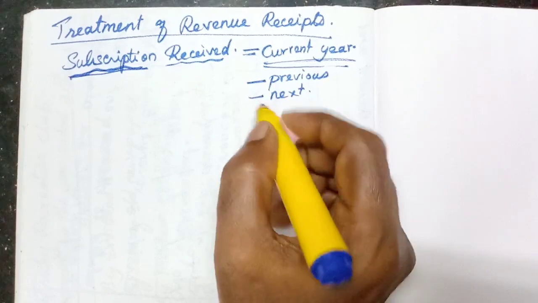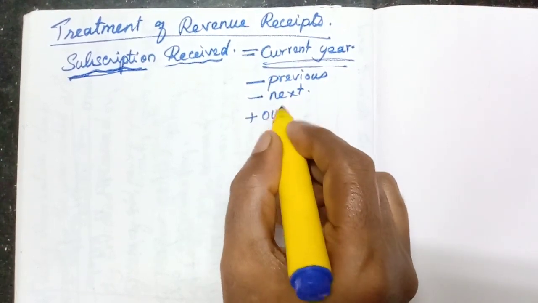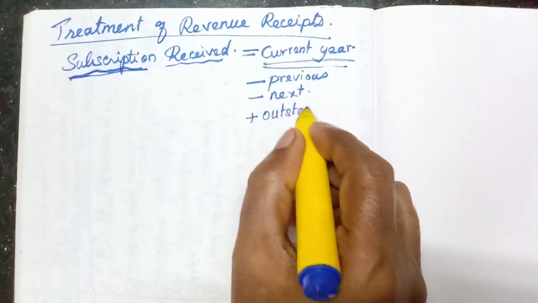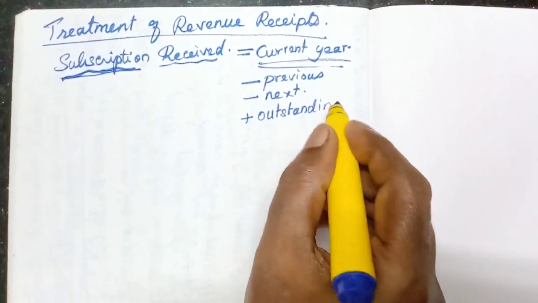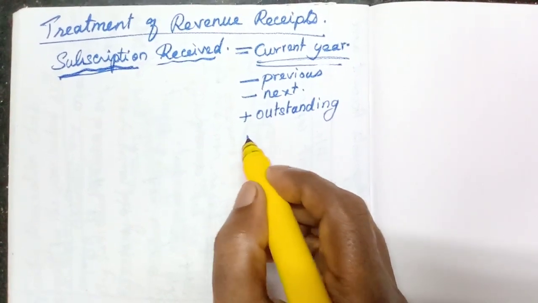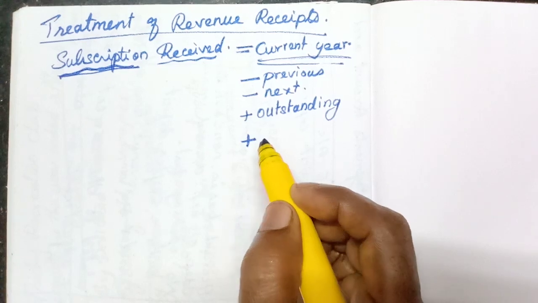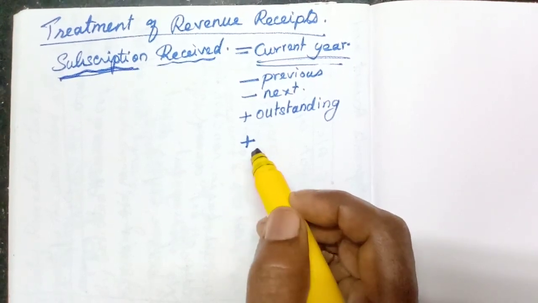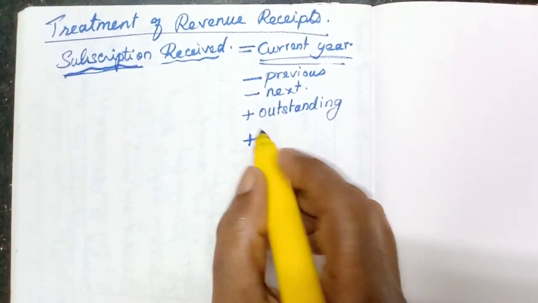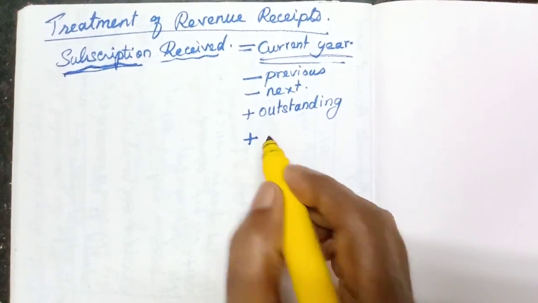Then what should be added? Any outstanding subscription that we have to receive, we have to add. Or some subscription they might have received in the previous year, last year, that is related to this current year.